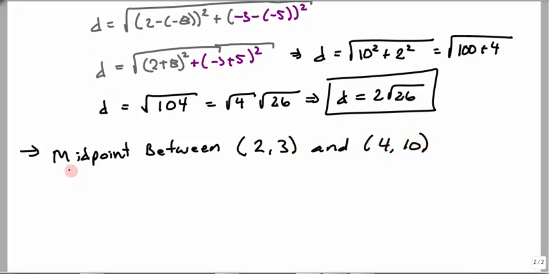So if I wanted to sketch this real quick, I could just focus in on this first quadrant. So 2, 3, right here. This is the ordered pair 2, 3. And then let's look over here at 4, 10. All the way up to here. Here's 4, 10.